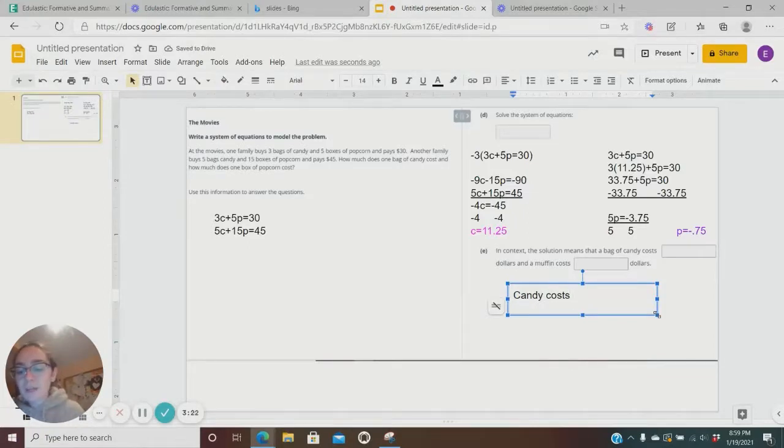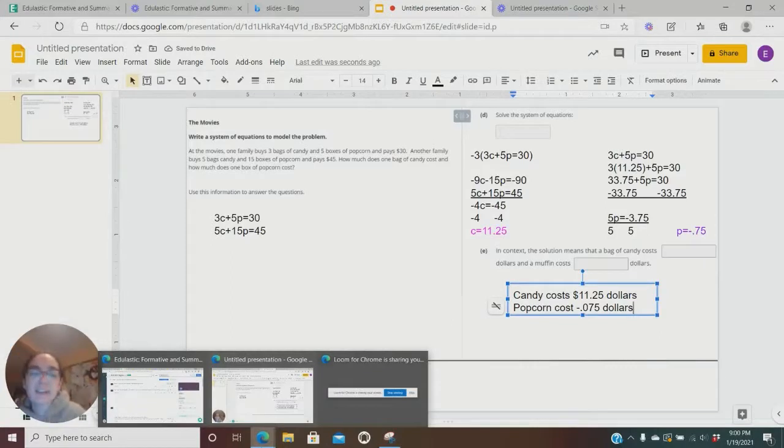You can do it two ways: you can say $11.25, or you can say dollars at the end there. Then we talk about the popcorn costs, and just say it the way that it's equal to. It's equal to -0.75 dollars.